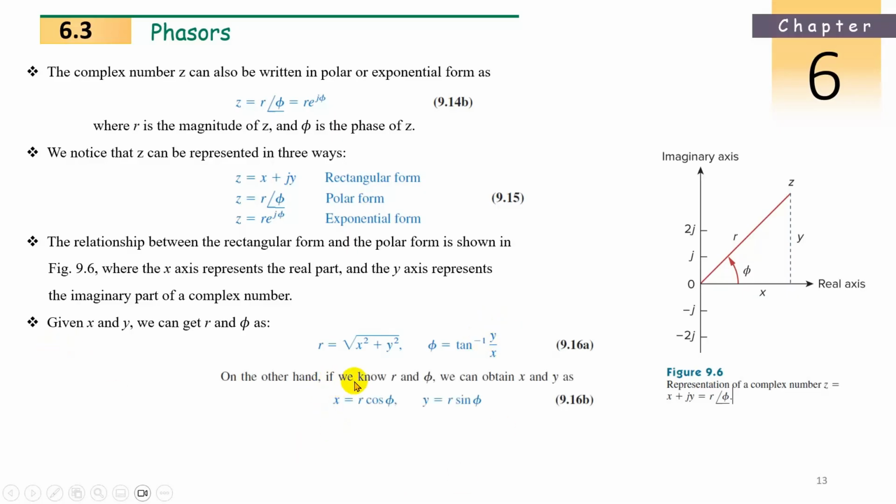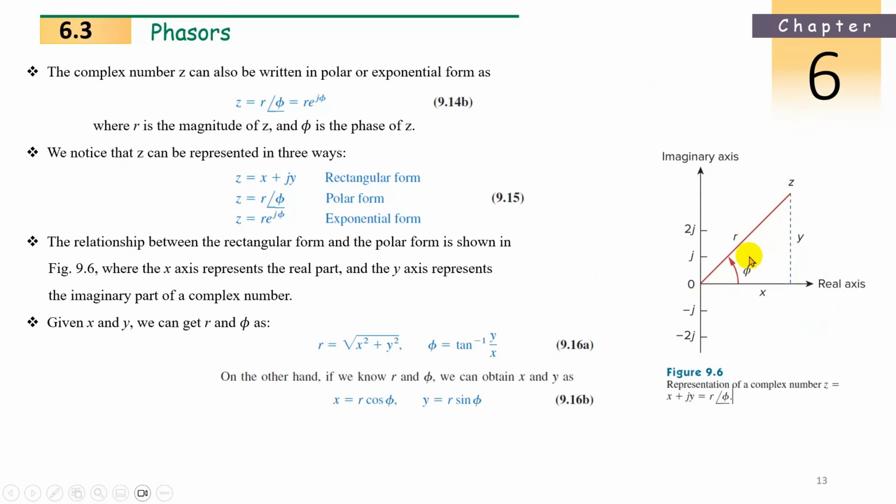Now, on the other hand, if we know r and phi, we can obtain x and y. Let's say only r and phi are given, the resultant in polar form, and we have to find x and y. By this complex number plane, how can we know?